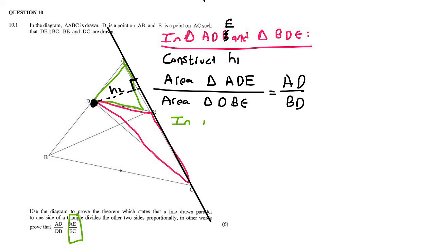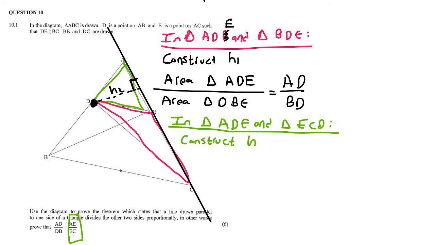I'm going to say in triangle ADE and triangle ECD. Alright, now we're going to construct H2, which we've done. Okay, so now we're going to go work out their areas.